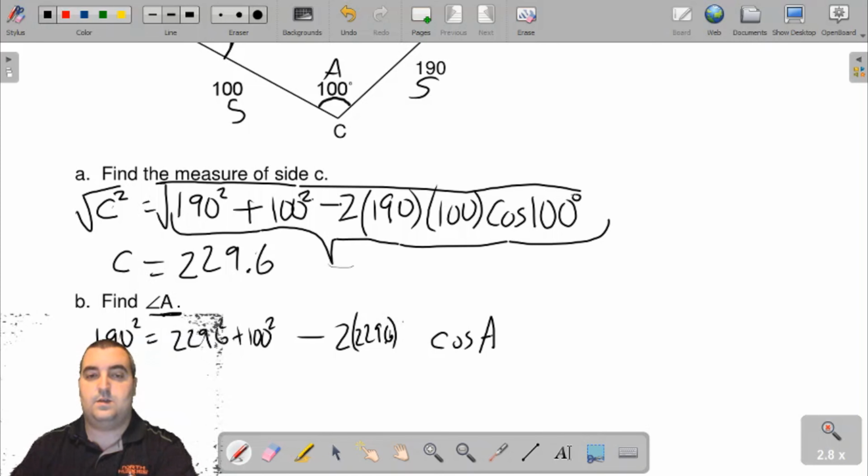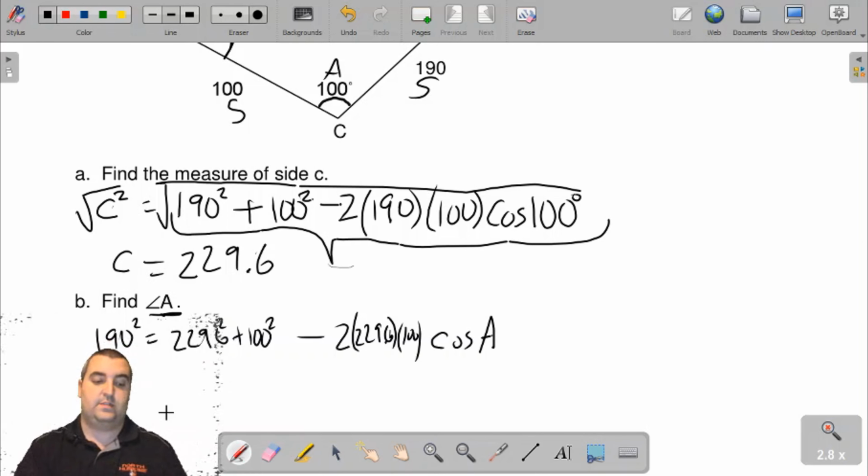229.6 times 100. Okay, so now with this one, you have to be careful when you're solving this, because this term on the right here has a variable. So you cannot combine this whole thing. They're not like terms. So what we're going to do is figure out what 190 squared is.